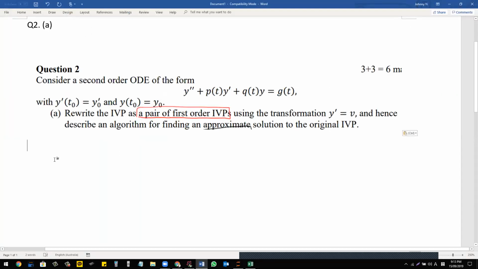It says write an algorithm. So let's do this. Consider this with g of t, that and that.